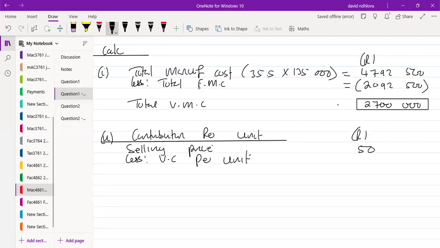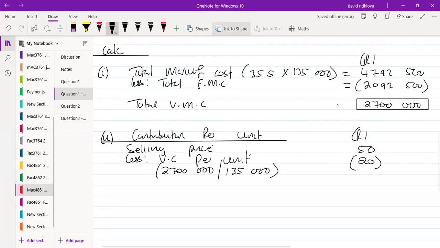We have a total of 2,700,000 in variable cost, but remember this comes from 135,000 units. So if you say 2,700,000 divided by 135,000, it simply means that per unit we are having 20 rand, which means at the end of the day, we are looking at 30 rand, which is our contribution.